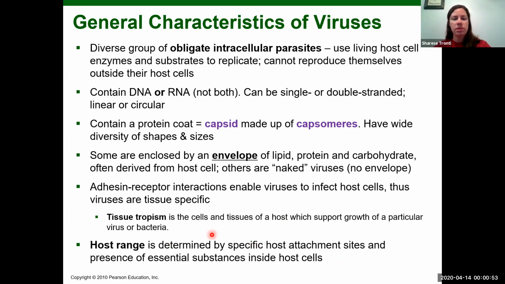Tissue tropism is the certain cells or tissues that a virus can infect. The host range is determined by those adhesins we just talked about. So the host attachment sites are going to determine host range, as well as whether they have the right cellular machinery to be able to replicate that virus.